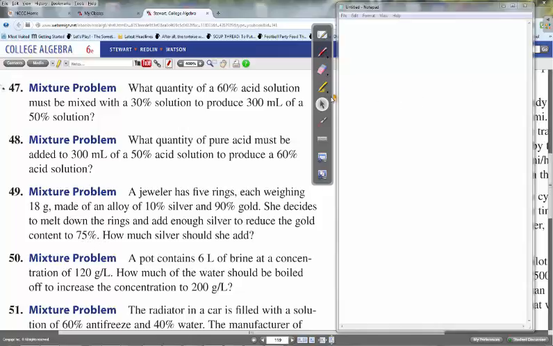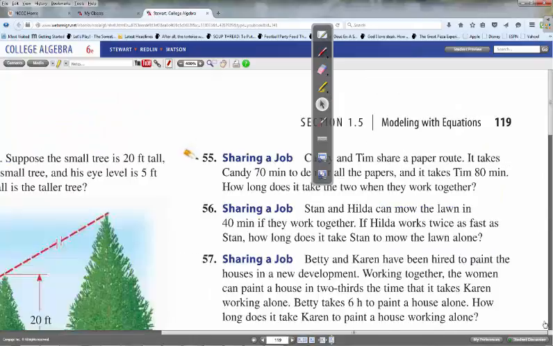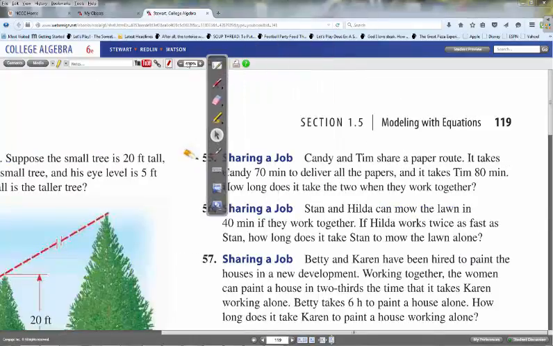So you set up your table with 90%, 0%, and 75%. And then the amount they give you is 5 rings, each weighing 18 grams. So 5 times 18 would be 90. And you plug that in and find your answer. So yeah, I think we'll look at 2 more problems.